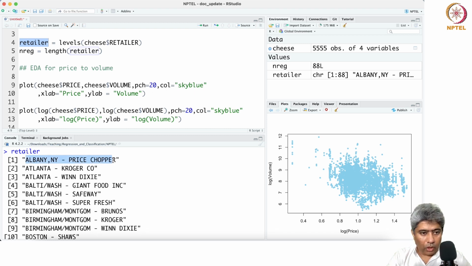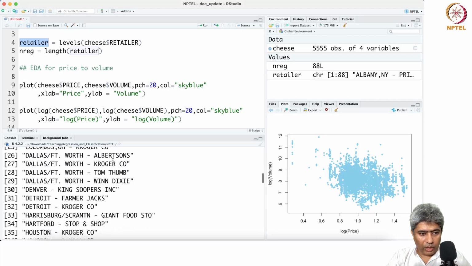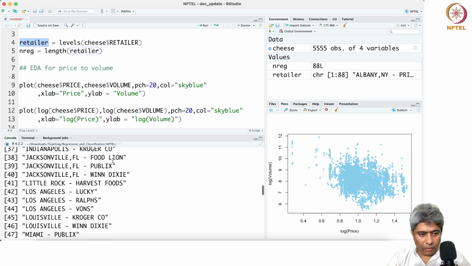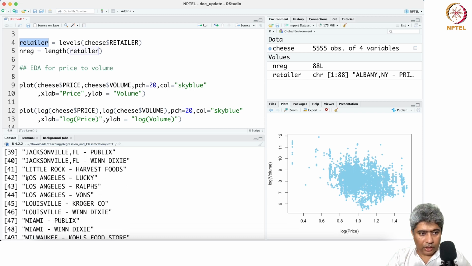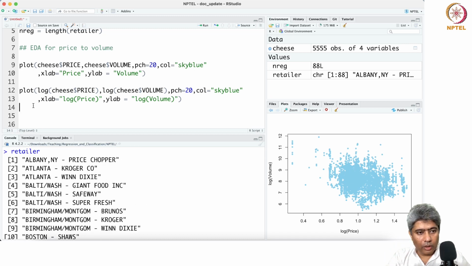Albany is a small place, and Los Angeles is maybe a big place, so Los Angeles Lucky, and they are also different places. So first I'm going to make a subset of the data, only for Albany.